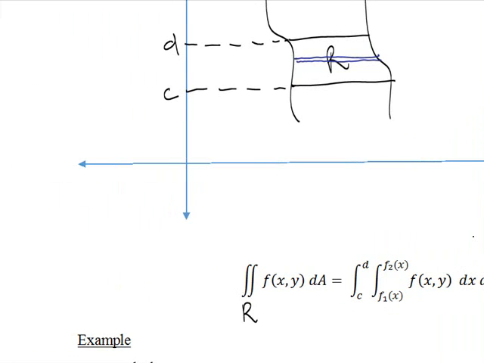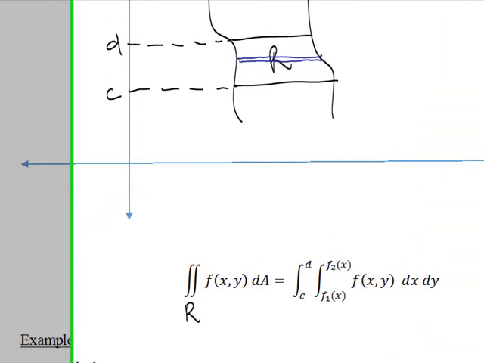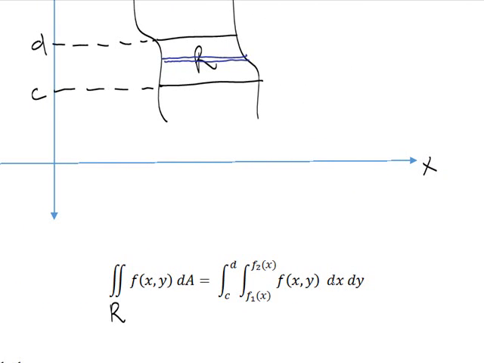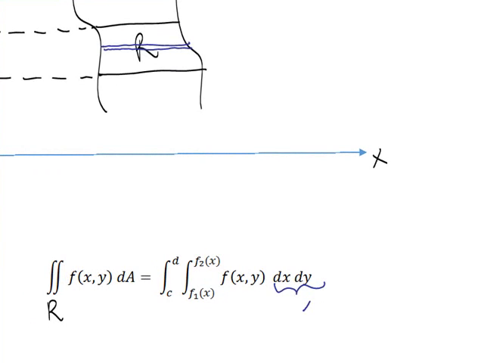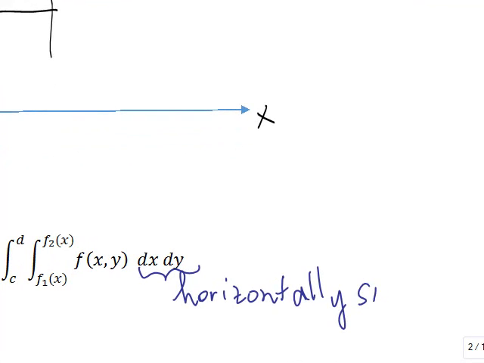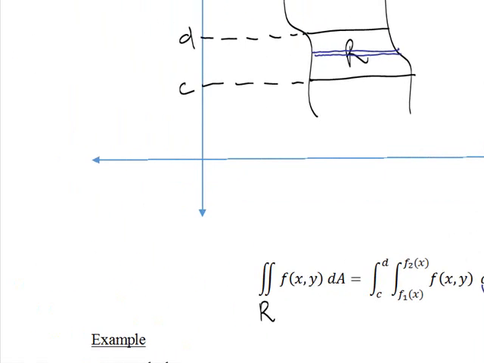So a few things to notice again. dx dy here means horizontally simple. So note the order. The outermost limits c to d are the y limits, and they must be constants.